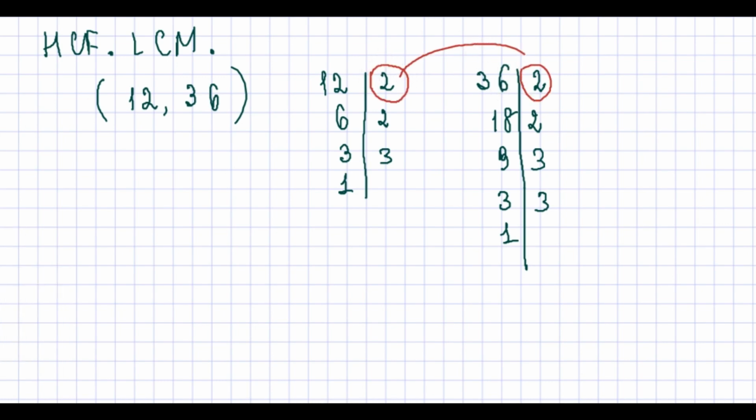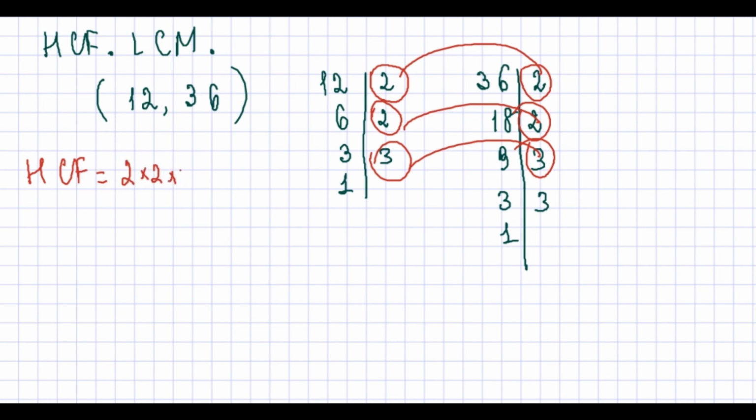2 and 2, 2 and 2, 3 and 3. Okay, what is the HCF? It is the product of the common factors. So 2 times 2 times 3, 12. And what is the LCM? The LCM is the product of the HCF by the non-common factors. 3 is non-common here, 36.